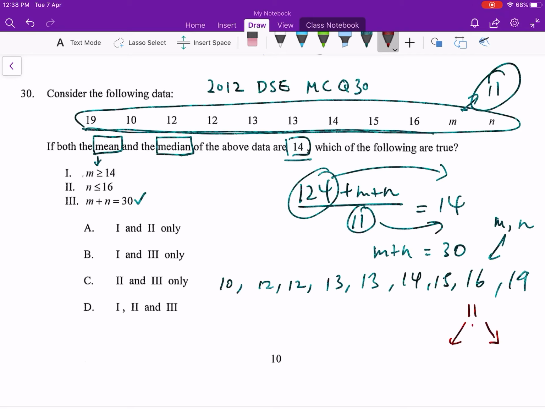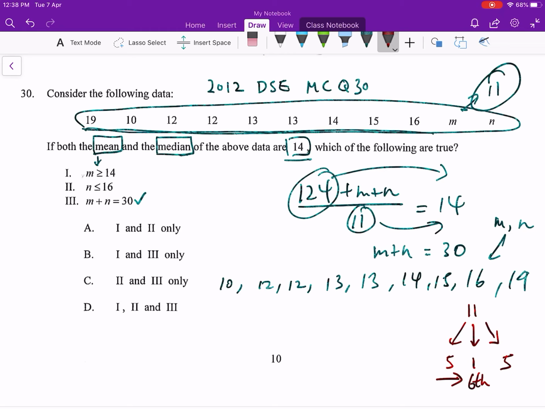So I have to take out one in the middle first, and of course there will be five at the front and five at the end of this arrangement. Normally the left-hand side is the least value and the right-hand side is the biggest, so we count from this side, which means the sixth position is Q2, the median.